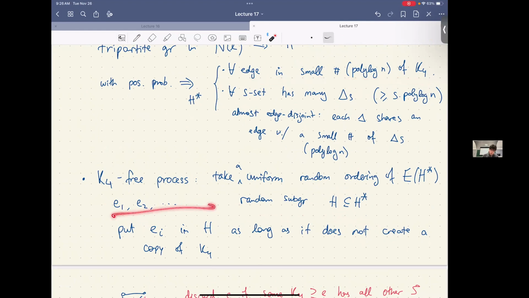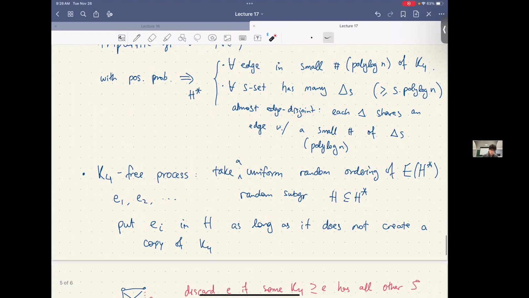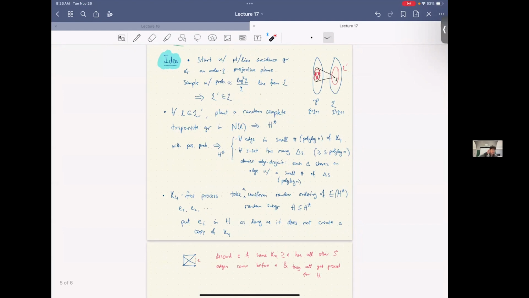Every time some edge is going to create a K4, we don't put it in H. But then we can also prove that with positive probability, there exists an outcome of H such that for every S set, one of these many almost edge-disjoint triangles will survive in H, to prove that alpha 3 of H is less than S. Any question about the sketch of the proof before I mention some details?